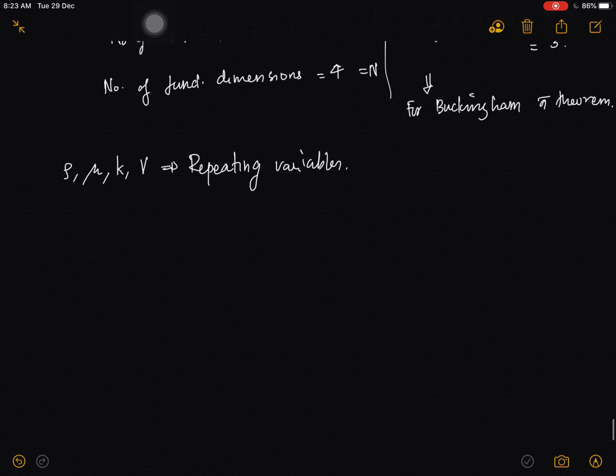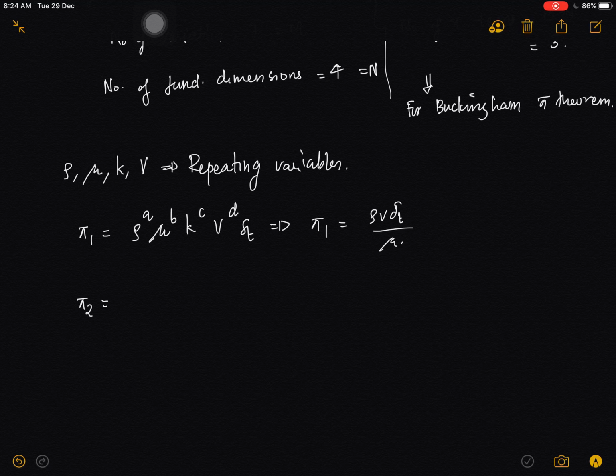Okay, and by using these repeating variables we can write the pi terms. The first pi term, pi 1, is rho raised to a, mu raised to b, k raised to c, V raised to d into delta T, and which reveals the first pi term as pi 1 is equal to rho V delta T by mu.